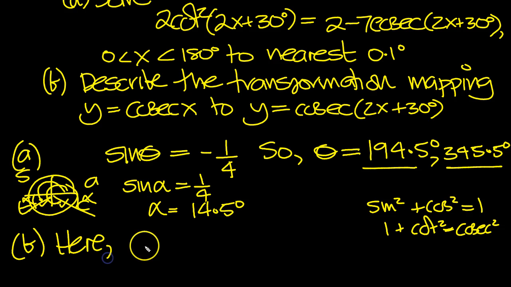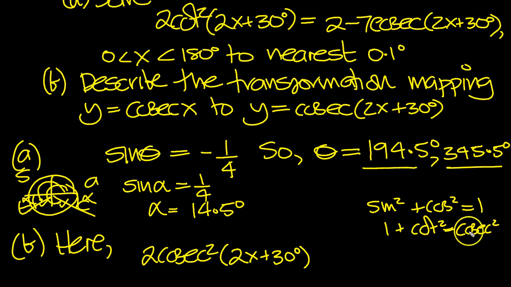So here, 2 cot squared would be 2 cosec squared minus 2, isn't it? So I'm just going to put in the 2x plus 30. So 2 cosec squared minus 2 is 2 cot squared, which is equal to 2 minus 7 cosec (2x plus 30 degrees).